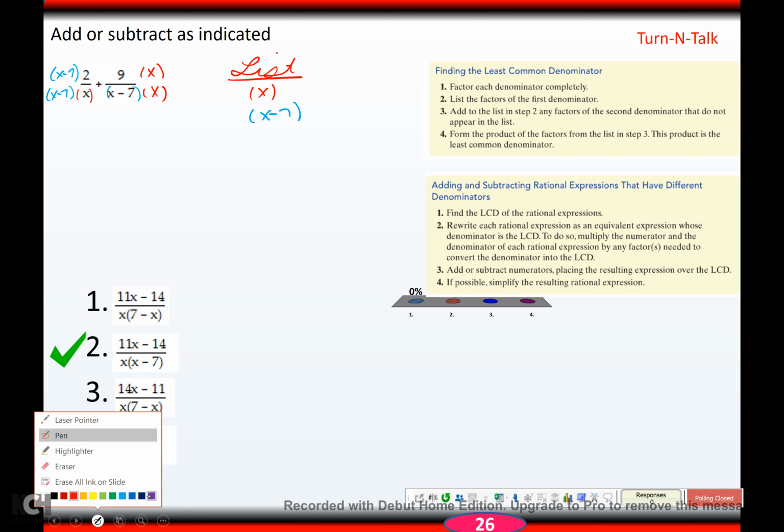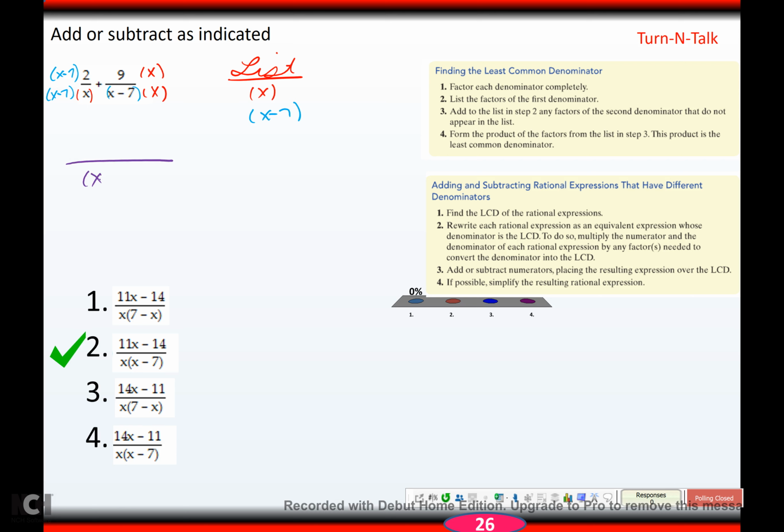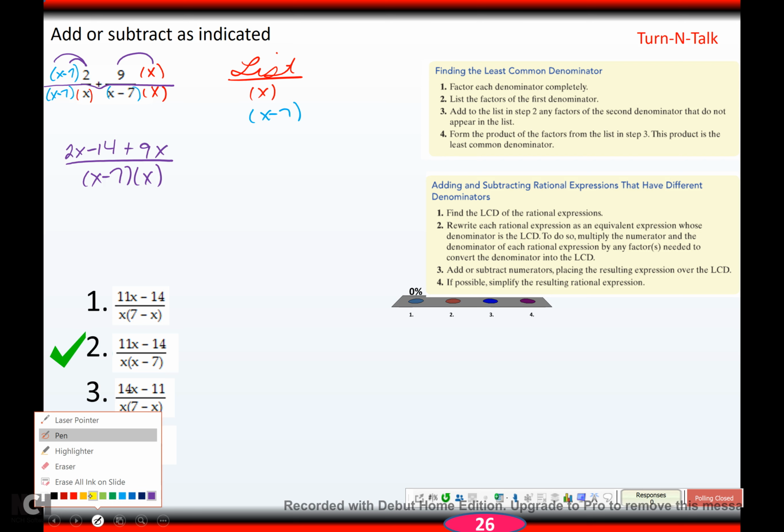And now we have the same denominator, so I can keep the denominator, which is an x minus 7 times an x. So I'm keeping the denominator, and I'm going to do the math on top, which is going to give me 2x minus 14 plus 9x. Okay, and I'm skipping a few steps. I'm not writing every little thing out.